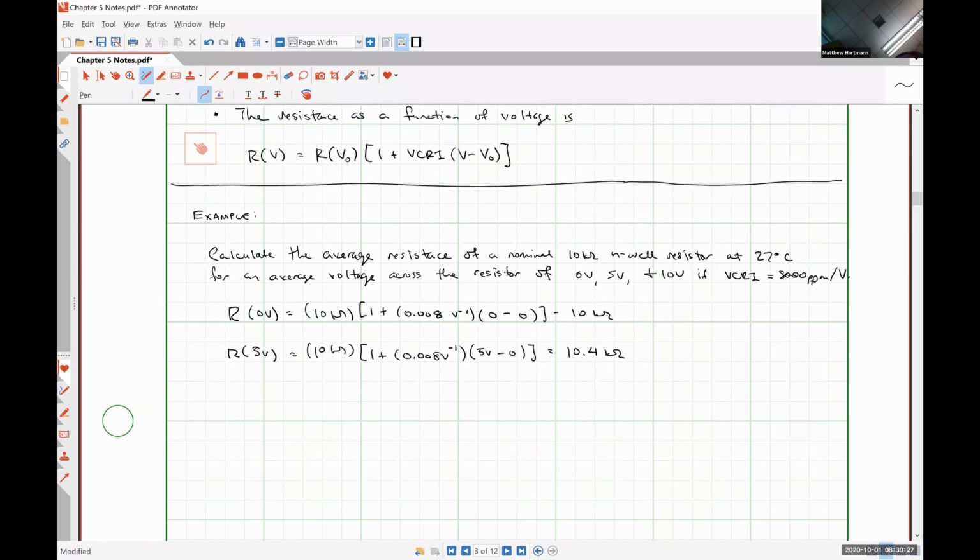So we have an increase of 400 ohms of average resistance across our N-well resistor as we apply 10 volts to one side and ground to the other. And then lastly, with a 10 volt average voltage, we should see that the change in resistance has doubled, since it's a simple linear relationship. And we get 10.8 kiloohms.